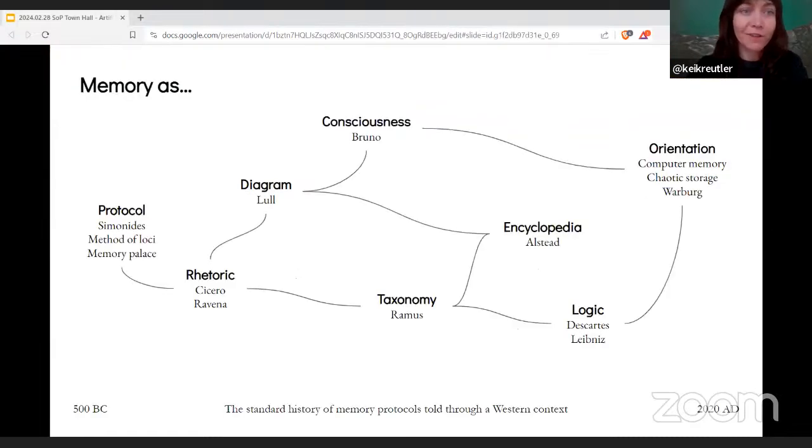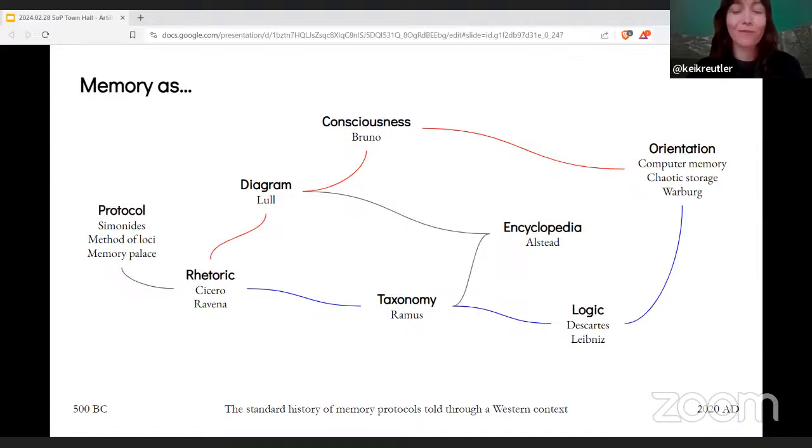And so a lot of my research is pinned on this diagram, which I won't explain too much, but just let it be there for anyone who wants to go back. In exploring the really standard retellings of a history of memory in a Western context, there are certain lineages that think of memory as a bunch of different metaphors, but within these different metaphors, there are essentially two strains of thought that I noticed, which are meeting back up together now through the combination of associative logic and taxonomic logic that we see through computation.